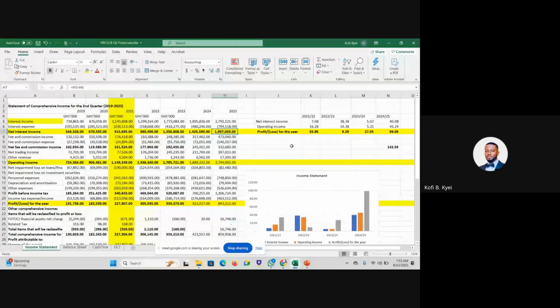So as I was saying, it grew by, then you mention the percentage. Then you can also mention that it grew by the values. So for example, in 2025 it grew to 1.9 billion from 900 million in 2021, and the percentage change was, you mention it. All right.